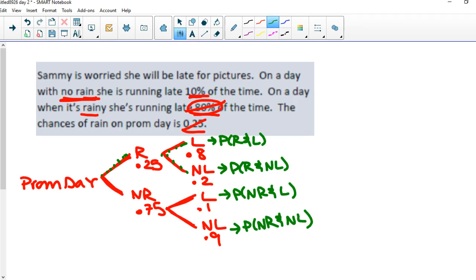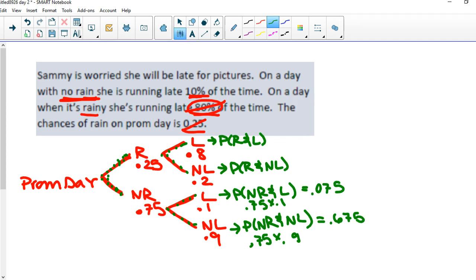How do I get my probabilities now? I need to multiply across. So no rain and not late would be 0.75 times 0.9, which gives you 0.675. No rain and late is 0.75 times 0.1, and that's equal to 0.075.